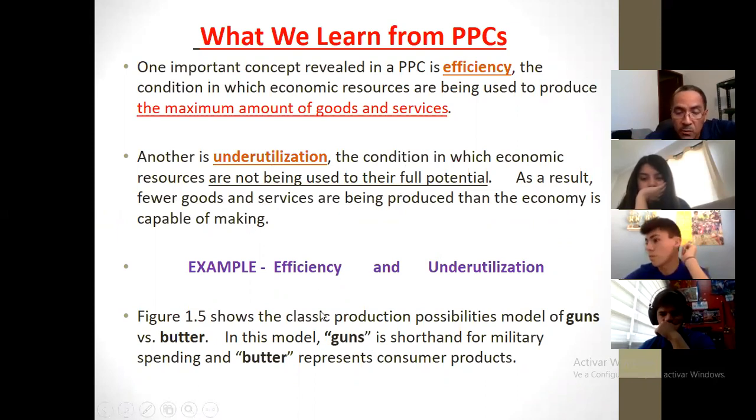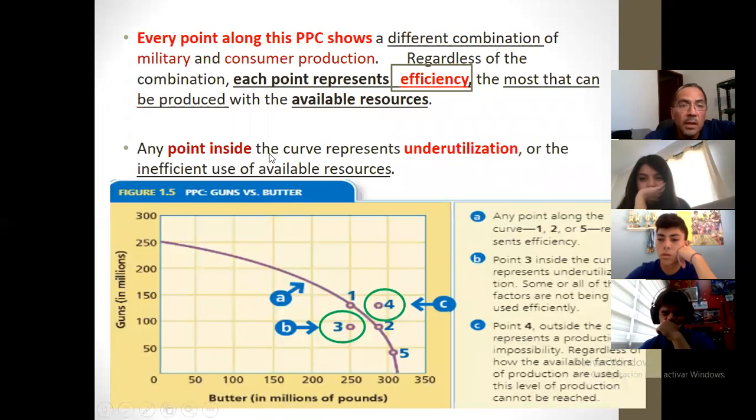Now, last week we were talking about guns and butter. Guns is the shorthand for military spending, and butter represents consumer production. Every point along this PPC shows a different combination of military and consumer production.